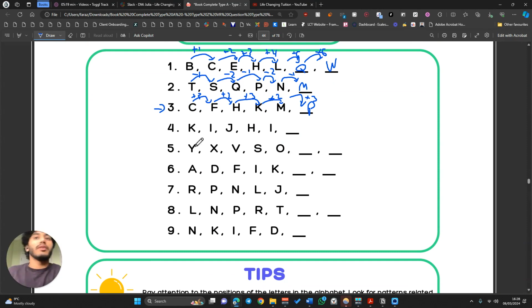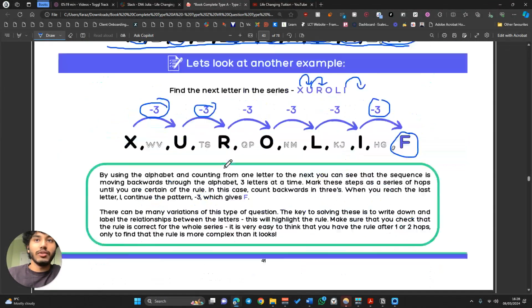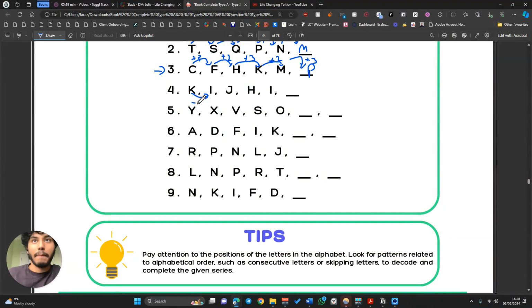Question 4. So how do we get from K to I? What we do is we do minus 2. How do we get from I to J? Minus 1. How do we get from J to H? Sorry, this is plus 1, my fault.